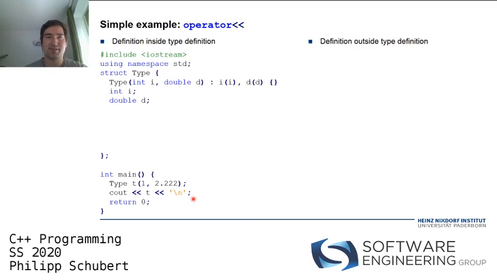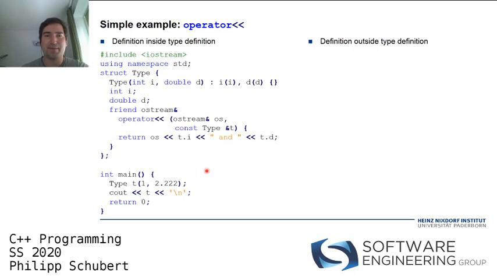And now sometimes you are confronted with this situation where you would like to print the contents of a variable of that type to the character output stream, for instance. For that, you need to implement the operator left shift for the output stream. So you can have it as follows. This is a binary operator, and on the left-hand side of the left shift operator is the output stream you wish to write to.